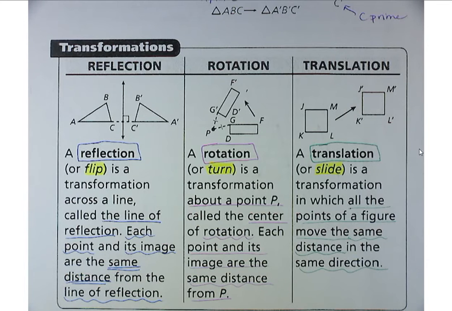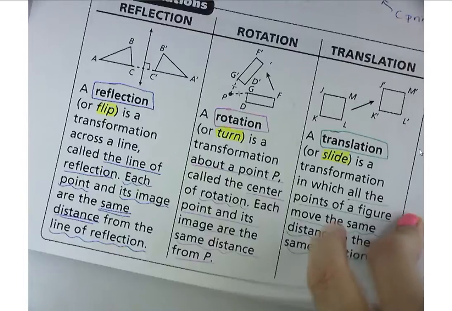So all points of the figure are moving the same distance in the same direction. So if your first point, point J, moved 5 units to the right and 2 units up, all of the rest of the points would move 5 units to the right, 2 units up. Okay, so they're all going to be moving the same distance in the same direction.